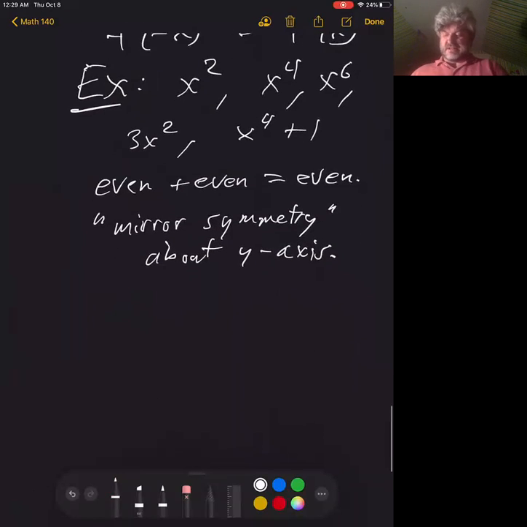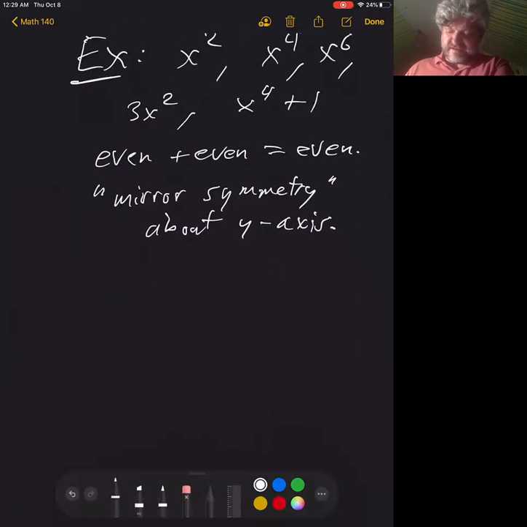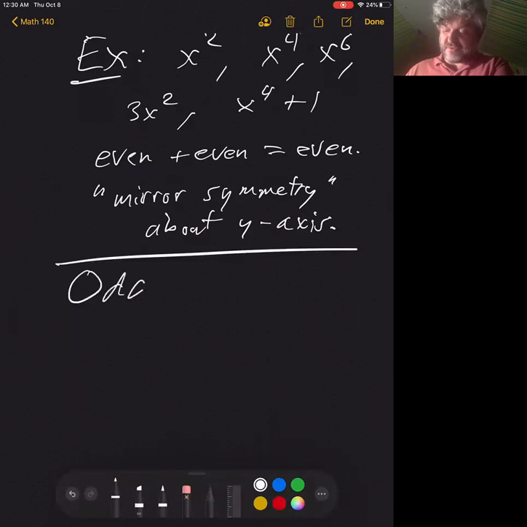Okay, and the very last item, odd functions are those where the graph stays the same when you rotate it by 180 degrees about the origin.